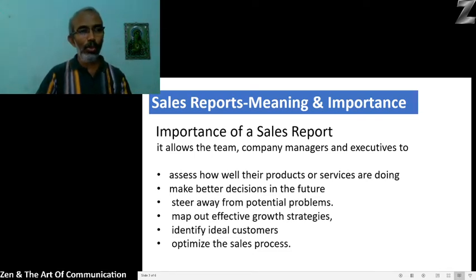Next is it helps to optimize the sales process. Does your sales process give you sufficient returns? Is your sales process costing more than the returns that you will get from sales? Your sales data will throw up the amount of time, attention and money that you need to spend in order to close a particular sale.